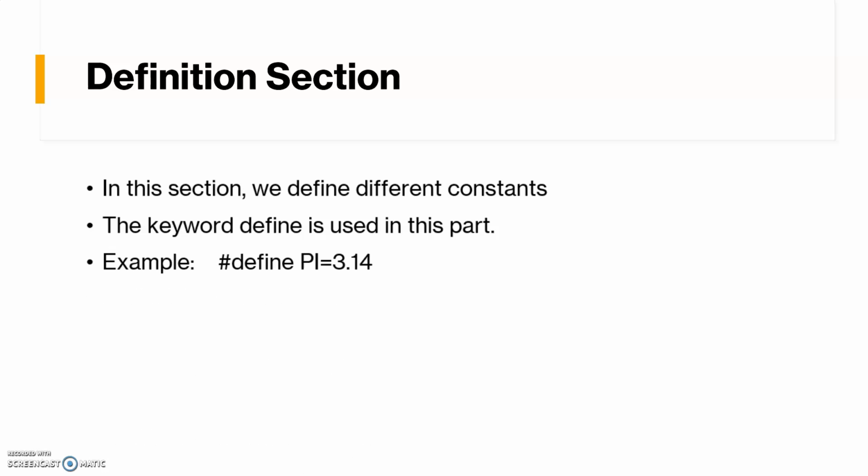An example: #define PI 3.14, which should be constant throughout the program. Then you can use the variable PI whose value is 3.14, and it can be defined in the definition section, which comes after your link section. Right? #include <stdio.h>, #include <conio.h>, all the header files to be declared.